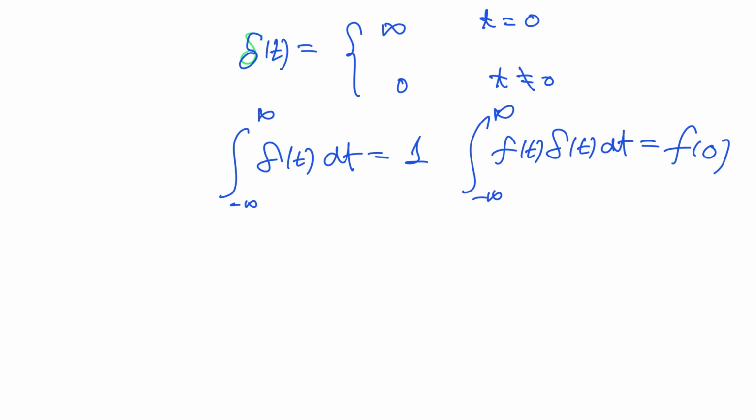If we integrate with f(t), then we get f(0). So the integral of f(t prime) delta(t minus t prime) dt prime is f(t).